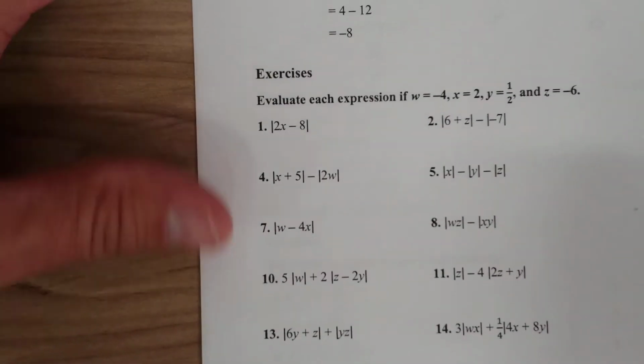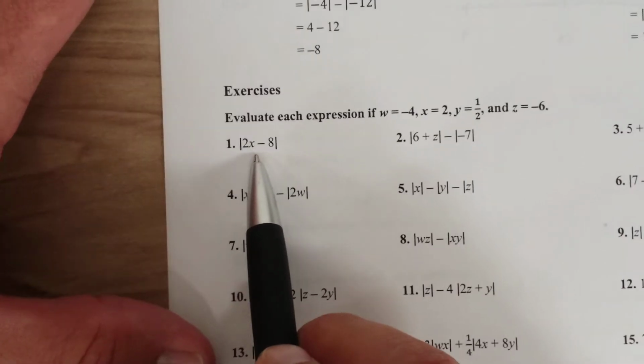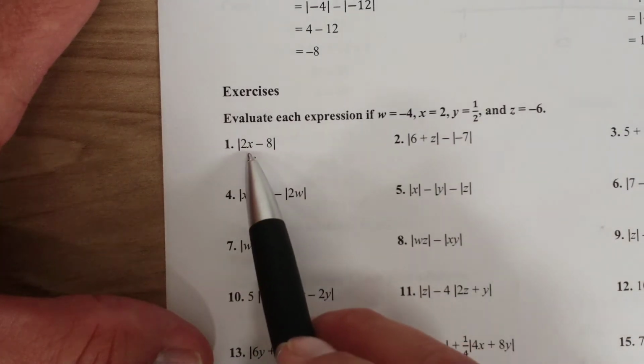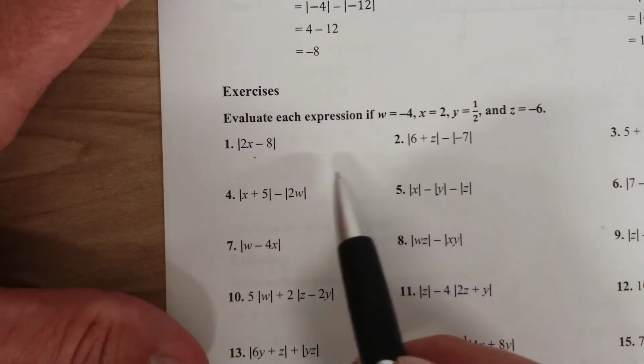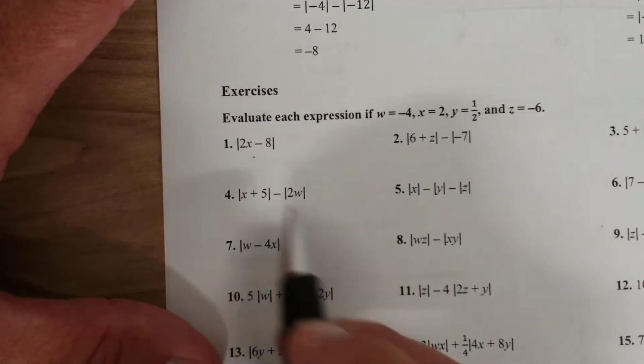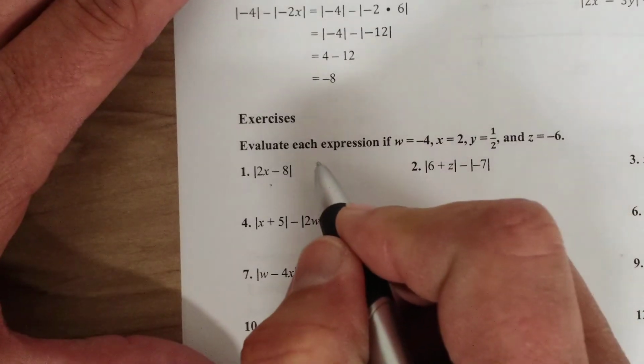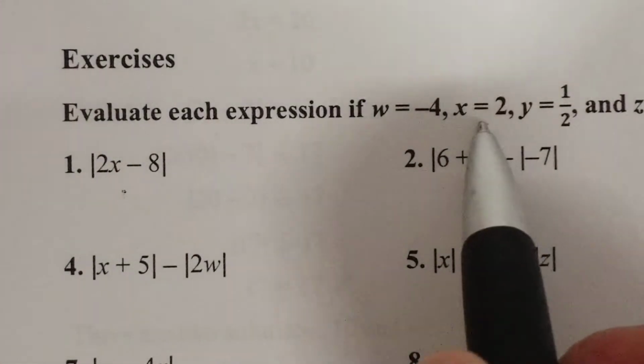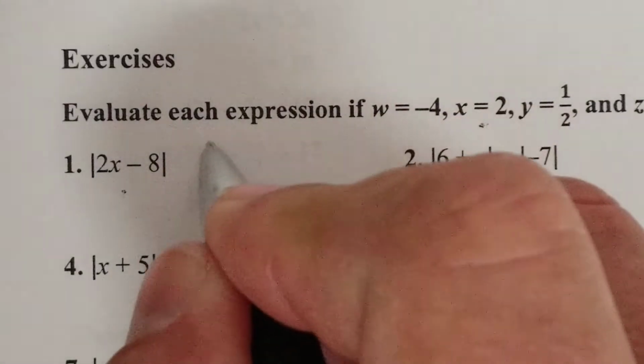If we are seeing problems where we're evaluating, whatever the value for x is, it's telling us to plug that in and then evaluate. This says the absolute value of 2x minus 8. I'm going to plug in a 2 for x, because that's what x is equal to.